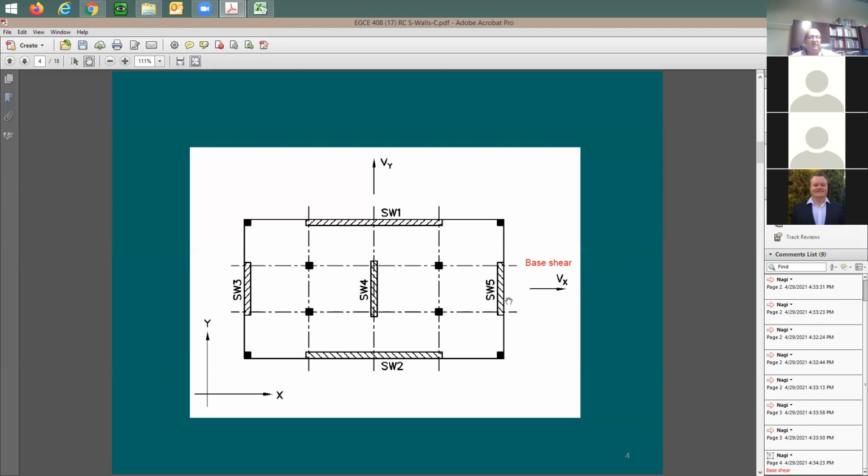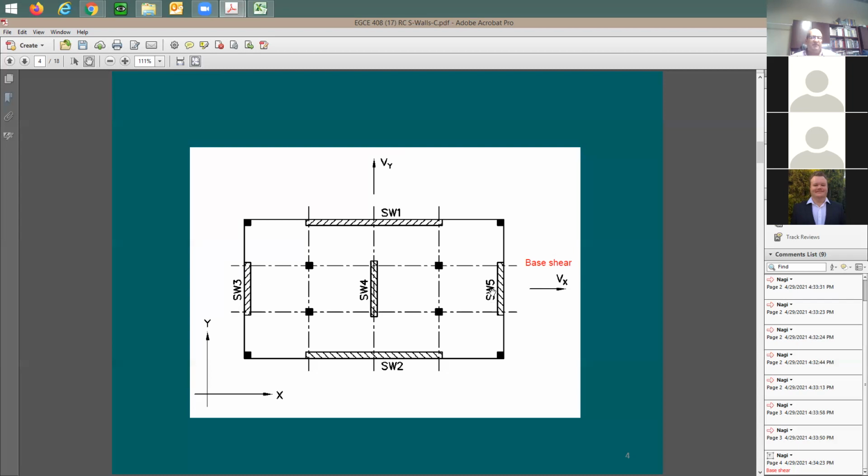So when the force is in the X direction, the two walls resisting it are going to be SW1 and SW2. When the force is coming in the Y direction, walls SW3, 4, and 5 are going to be taking this force. Distribution of the force here is going to be an issue. Now it's going to be equal. How about in this direction? Is this going to be taking more than these two, or is this going to be taking more?